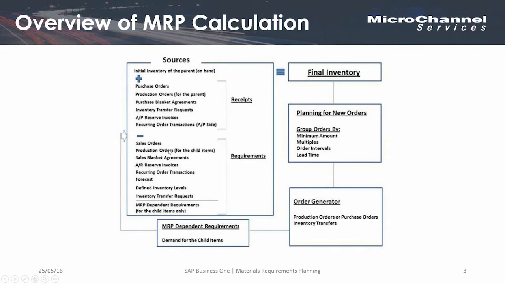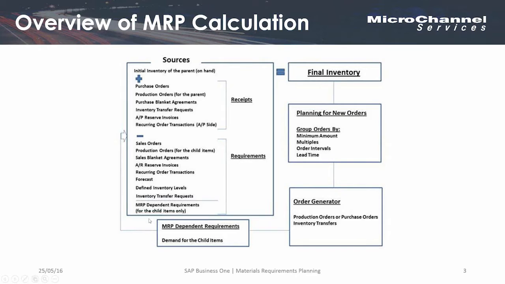Likewise, on the requirements side, there will be sales orders, production orders for component items, blanket agreements on the sales side, AR reserve invoices, and any forecasts that you might have selected as part of the MRP run, plus any MINs defined.